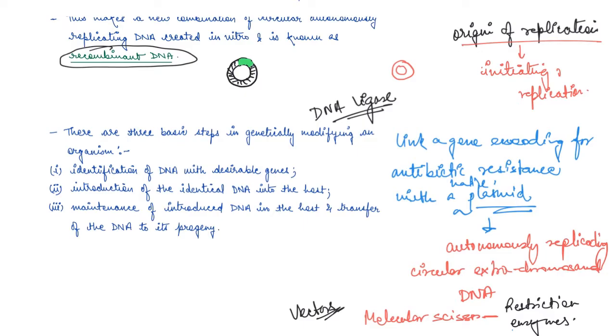So this E. coli will use the host DNA polymerase enzyme and will multiply the copies of this recombinant DNA. And this ability to multiply copies of the antibiotic resistance gene in E. coli is known as cloning.